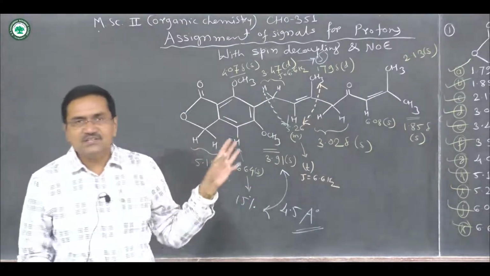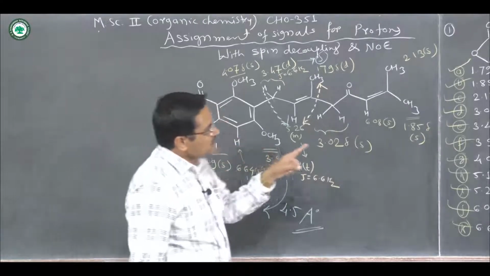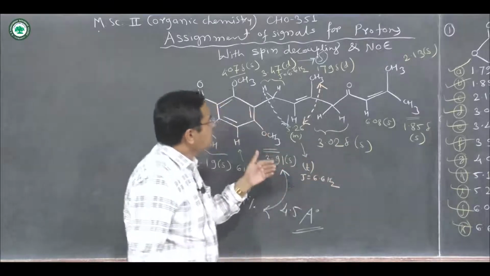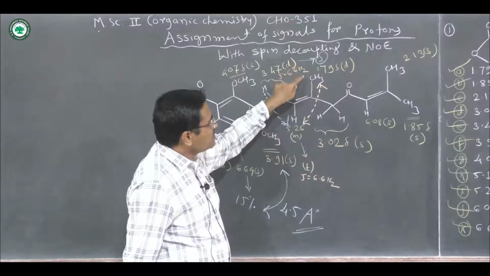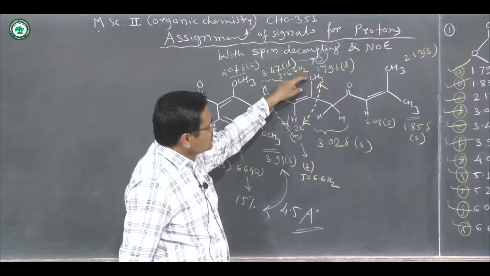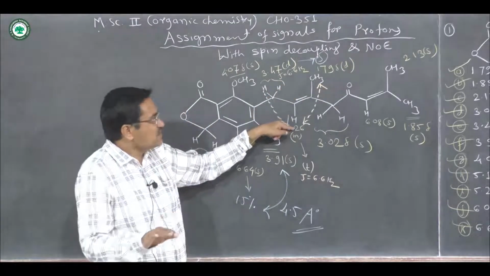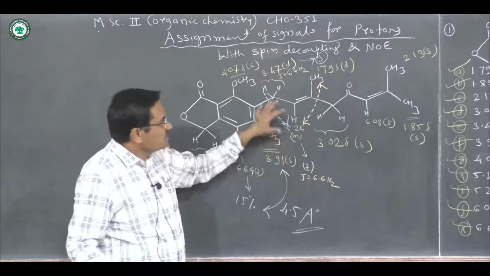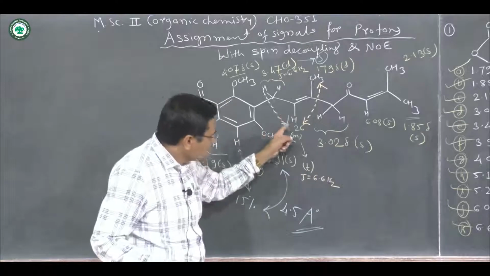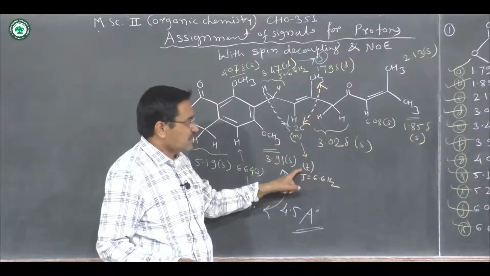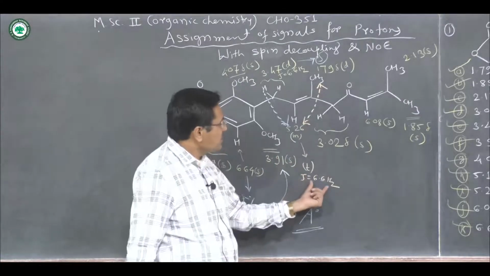In this way we discussed the different signals with different chemical shift values, assigned them in the structure, and also discussed the decoupling experiment. Again, looking at the decoupling experiment: when 1.79 is double irradiated, the coupling between the CH3 and this H disappears, so 5.26, originally a multiplet, falls to a triplet with coupling constant 6.6 Hertz.